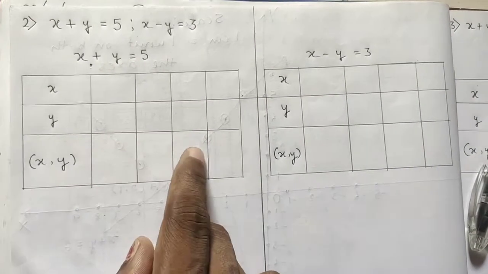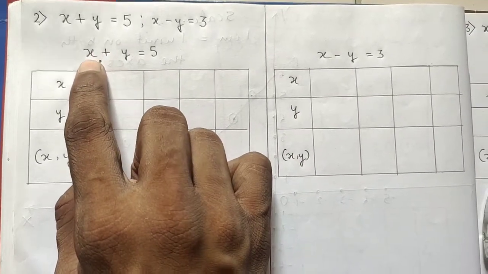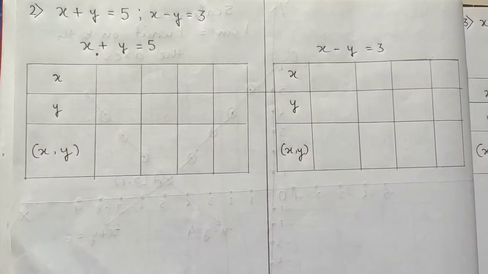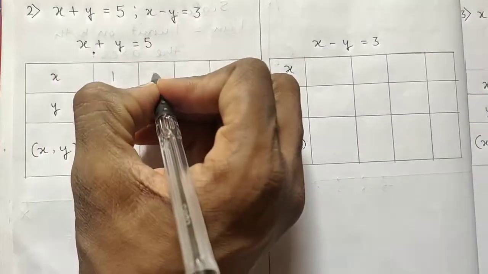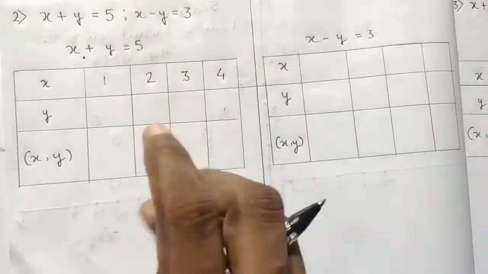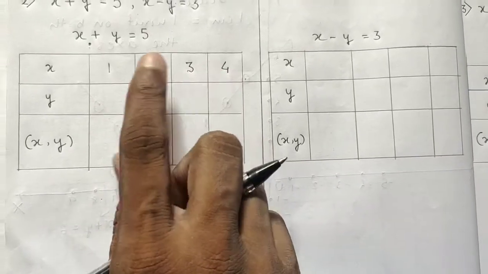We need 4 values of x and y. So for this, suppose I am considering the values of x as 1, 2, 3 and 4. These are the values of x considered by me.